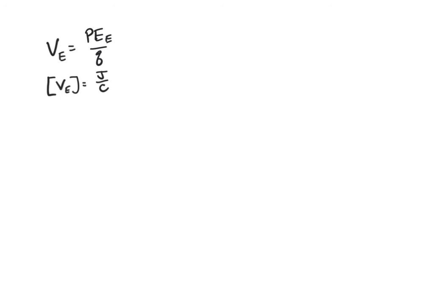You'll note that these units are different from the units of the gravitational potential. That's because gravitational potential is potential energy per mass, whereas electric potential is potential energy per charge. So they have different units because they mean different things. One tells us something about gravitational fields, the other tells us about electric fields.